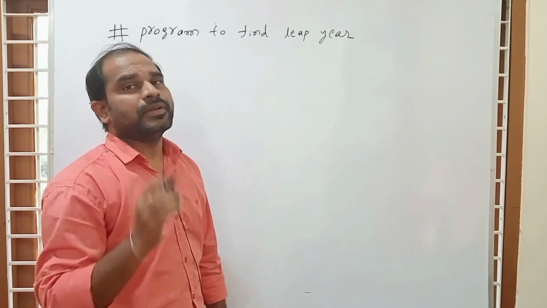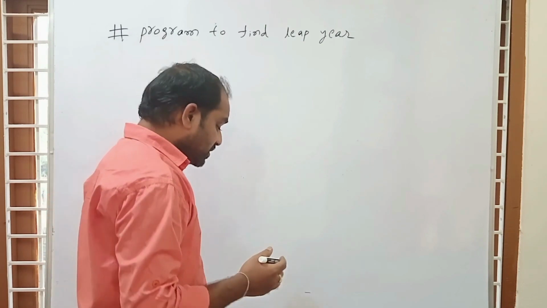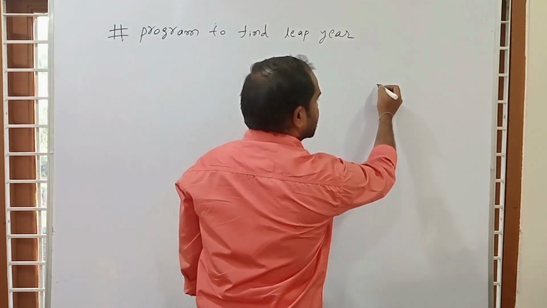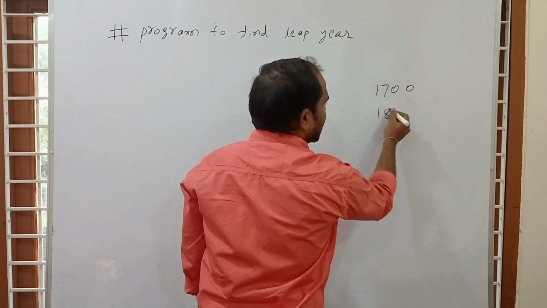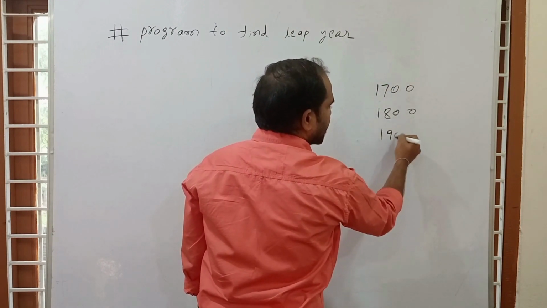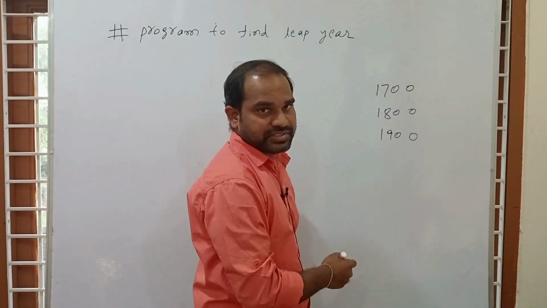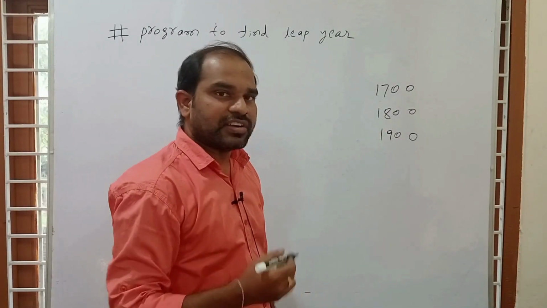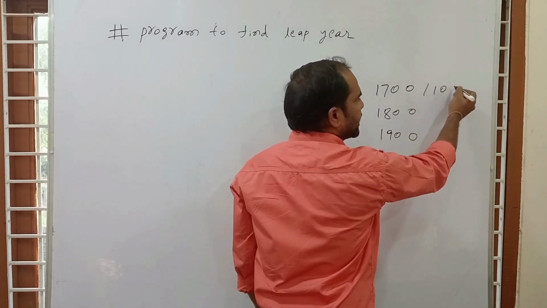But here one small problem is there. For example, some of the years are 1700, 1800, 1900. These are called century years, right? Why are these years called century years? Because these years are divisible by 100.